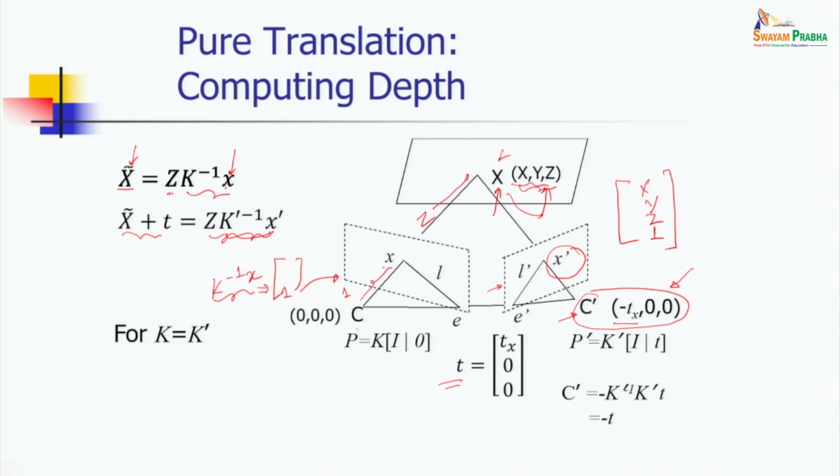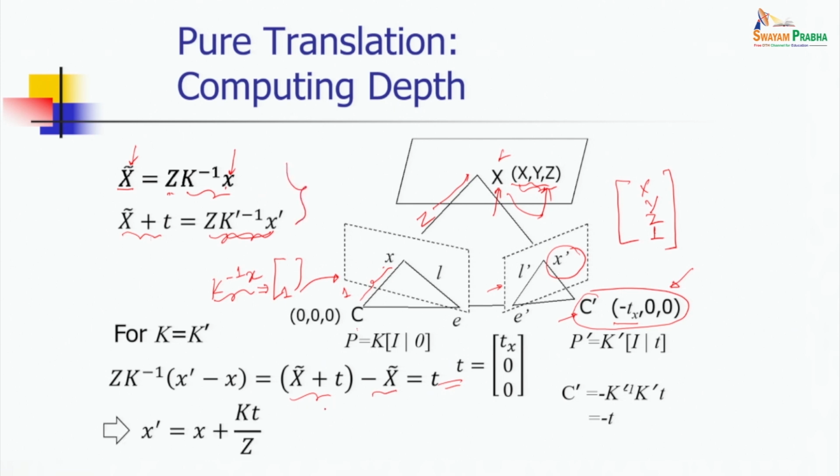So if I consider K equal to K prime, I will take x prime minus x equal to x prime plus t minus x prime, and taking the difference of this gives me x prime equal to x plus K t over z.